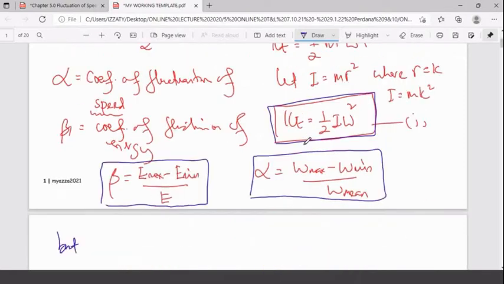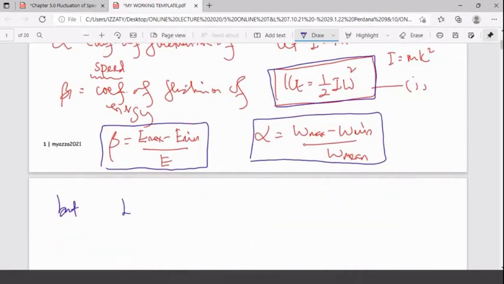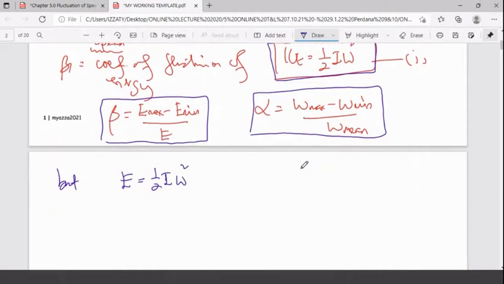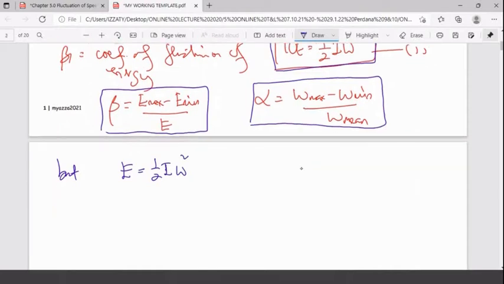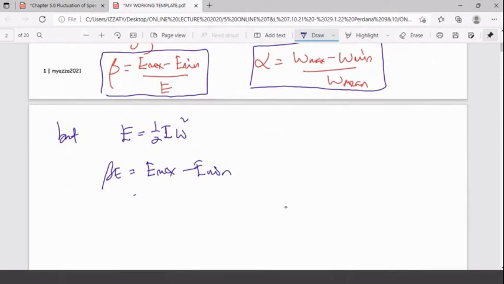If E is equal to half I omega squared, you will have beta E equal to E max minus E min, which is half I omega max squared minus half I omega min squared.